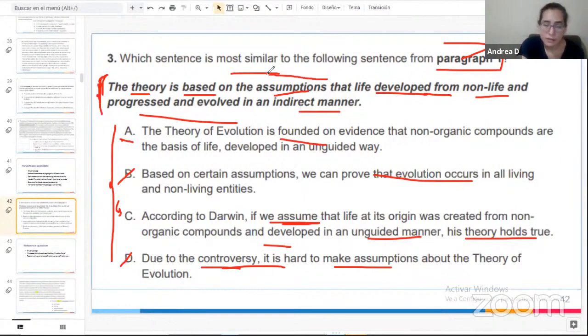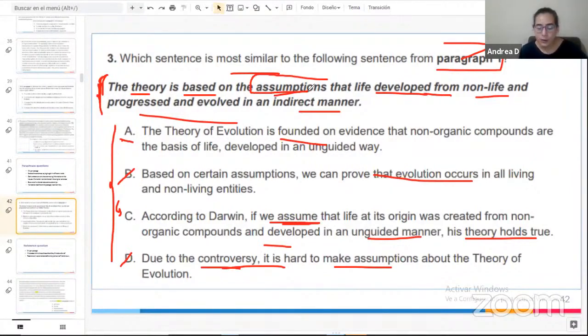Now, the words that make me think are assumptions and evidence, right? Which is not the same. But, sorry? Yes, that's why I thought it was not option A, because it says that it's based on evidence and not assumptions. Okay. All right.